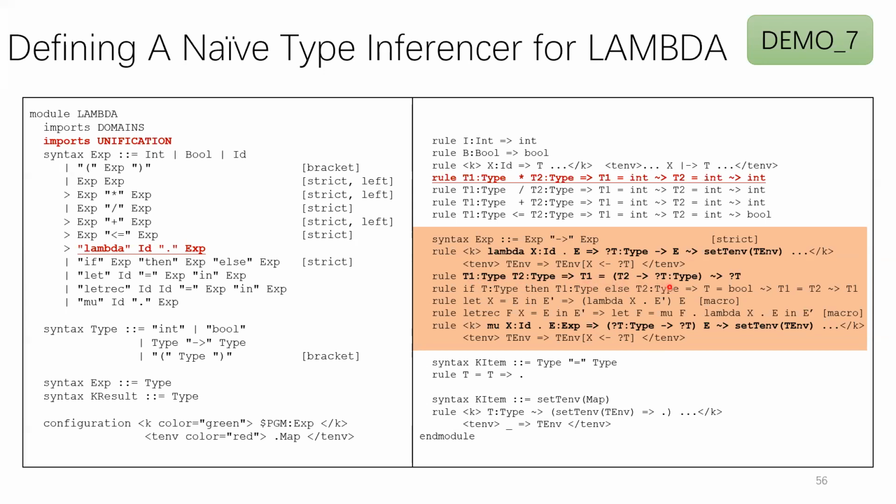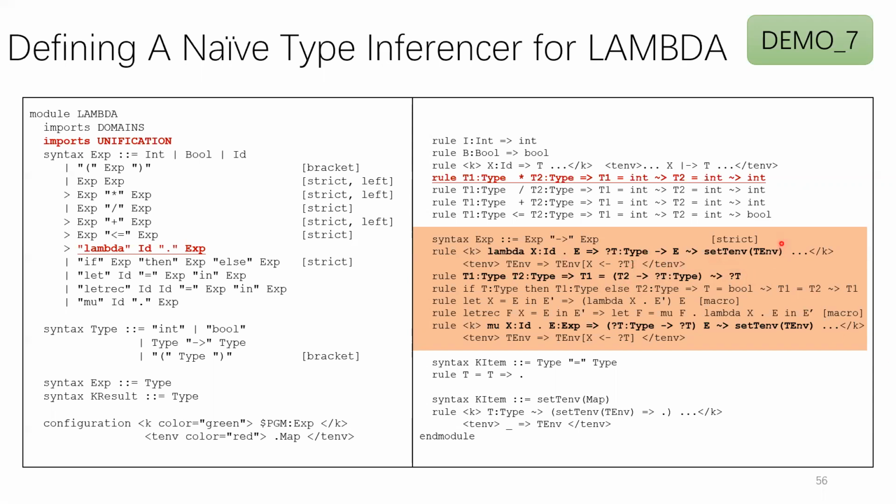So we'll guess a type variable for the return type, which is question mark T, and we'll add this equality: T1 equals the arrow type from T2 to some type, I don't know. And the result is that type. So it will add this equational constraint to the solver and then return this variable, whose value may be determined by the collected equational constraints. That's basically how K does things.